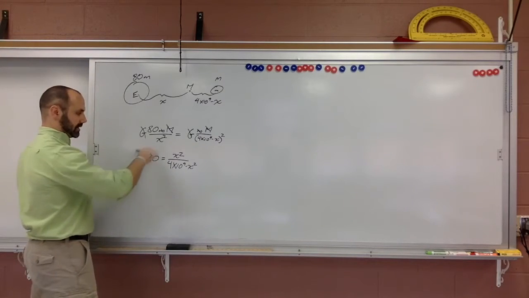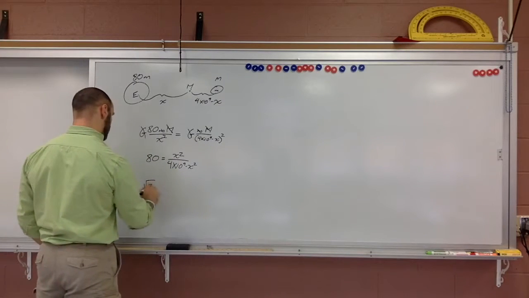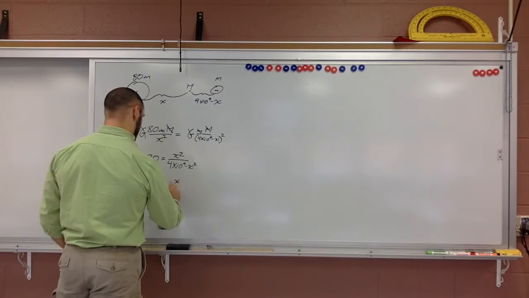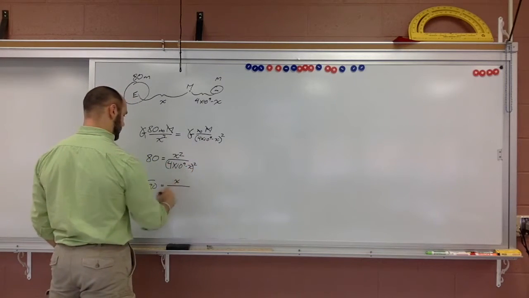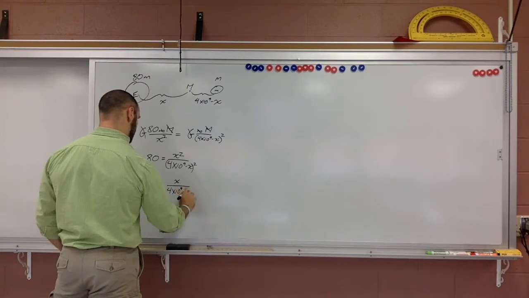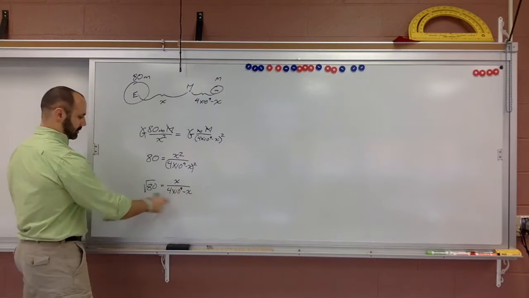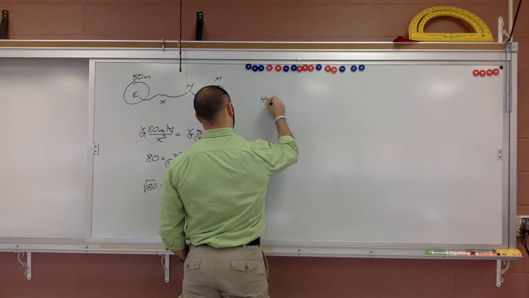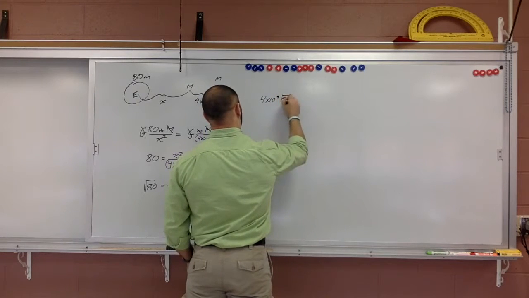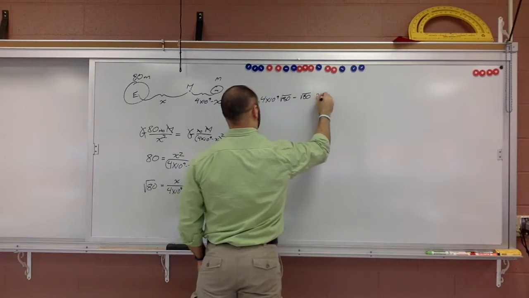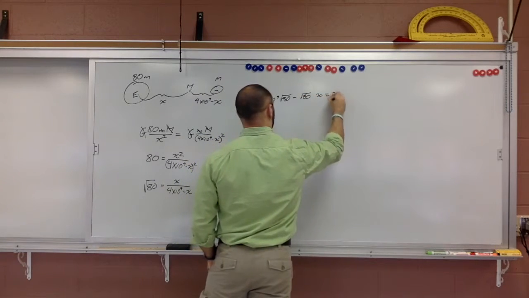One way to do that is take the square root here. So I'm going to have the square root of 80 equals x over, right, this thing is squared, right? So x over 4 times 10 to the 9th minus x. I can bring this over here. And so I get 4 times 10 to the 9th root 80 minus root 80 times x equals x.